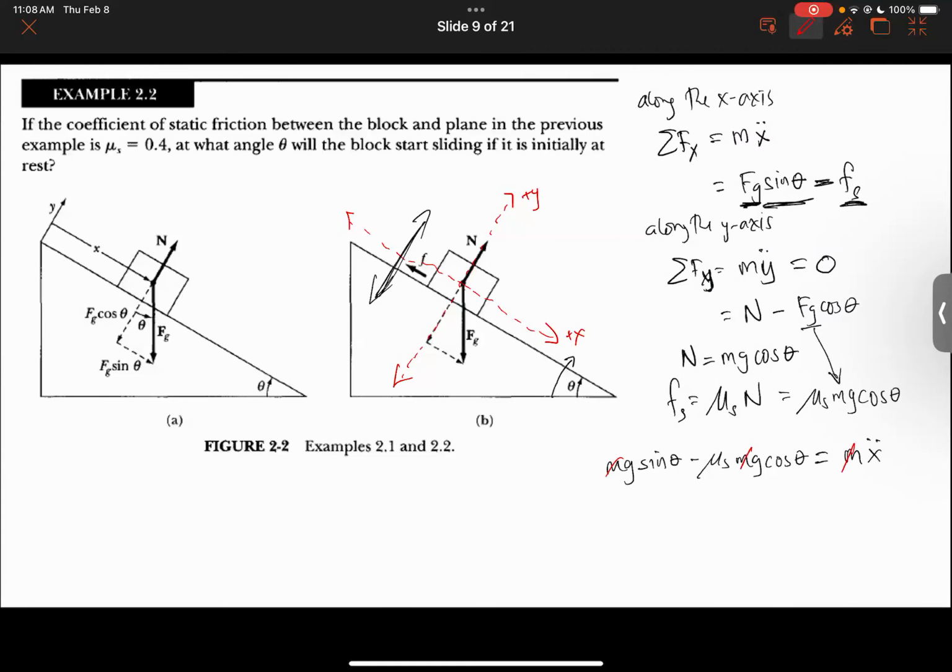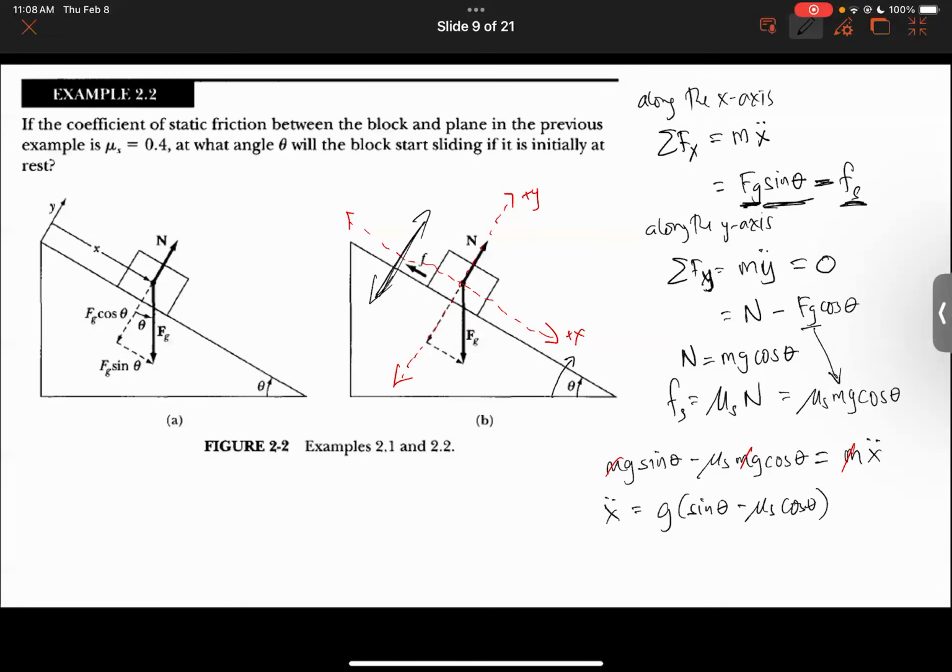Itong matitira sa atin is just an expression for the acceleration: g sine theta minus mu sub s cosine theta. Okay, the expression for the acceleration for this block na nag-experience ng static frictional force.